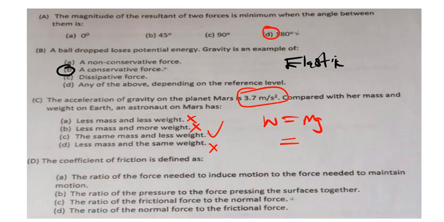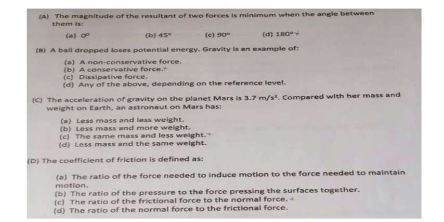Now we come to D. We are asked that the coefficient of kinetic friction is defined as dash. What do we know about the coefficient of kinetic friction? Now you know that friction force is equal to mu multiplied by the normal force. The mu in this case is the coefficient.